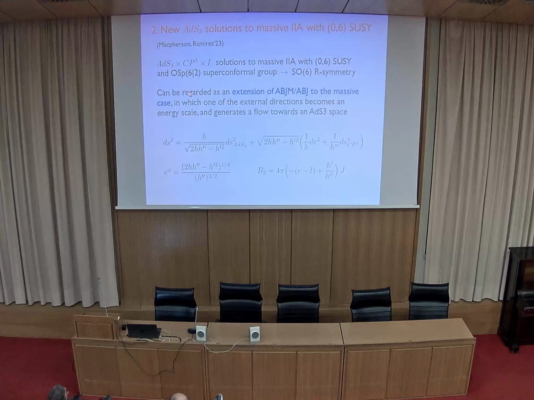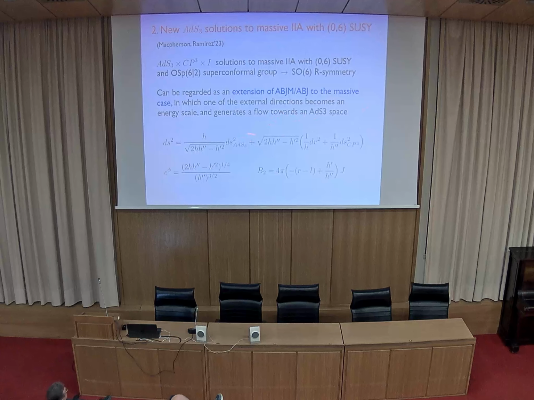I'm going to argue that these solutions can be regarded as an extension of ABJM to the massive case, introducing the D8 branes. This will make one of the external directions, one of those in the AdS4, become an energy scale and generate a flow towards an AdS3 space.